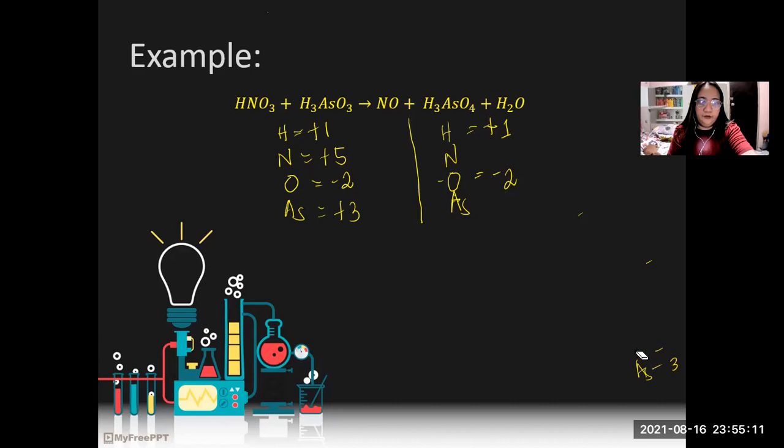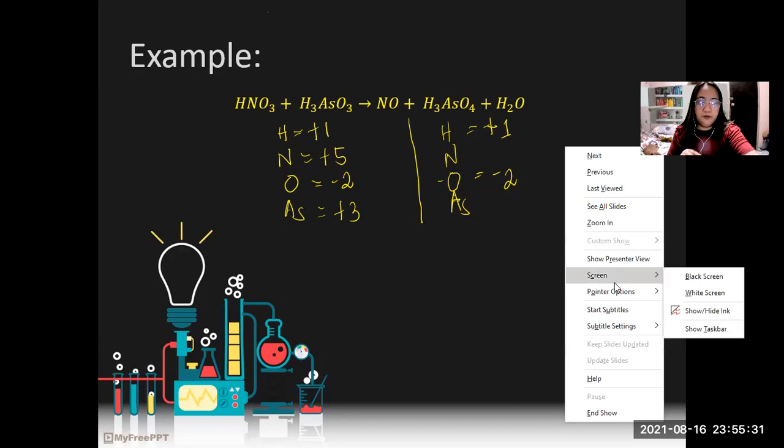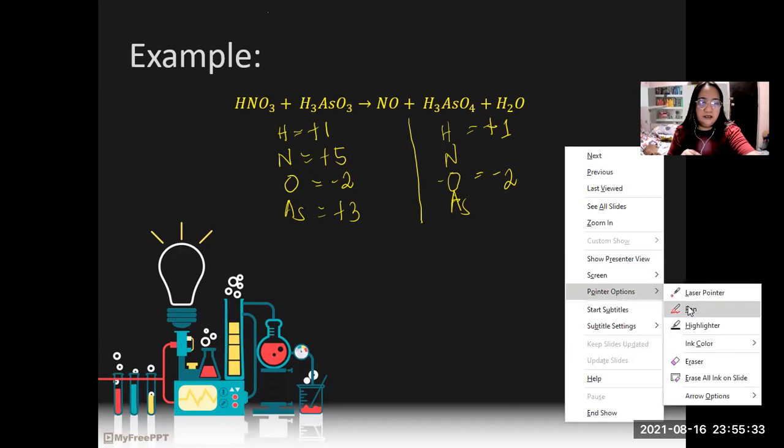Okay, now we're done with the reactant side. Let's now go to the product side. I can't assume that we have to take the same values because the forms of nitrogen and arsenic are different on the product side. On this side, nitrogen now is paired with oxygen for nitric oxide.